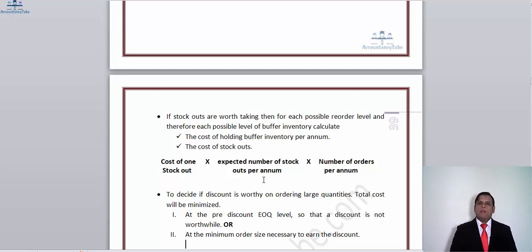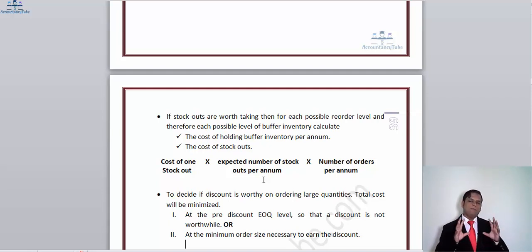We need to compare all three costs, that is the purchase cost, ordering cost, and holding cost, before taking the discount and after taking the discount, so that we can make a logical, rational decision whether we should order large quantities of goods or keep to our current economic order quantity when placing the order.